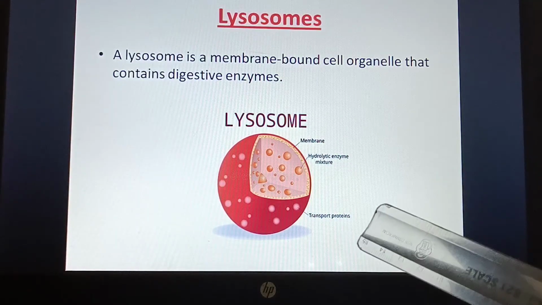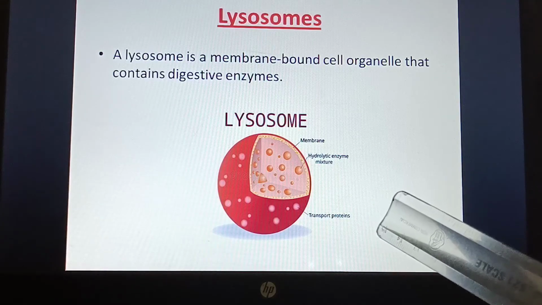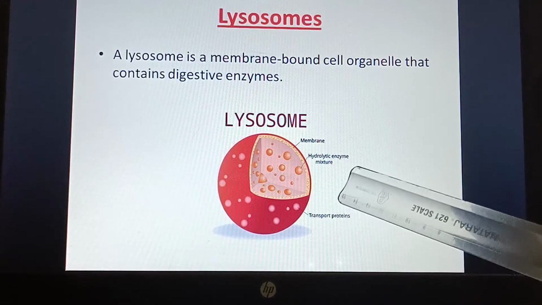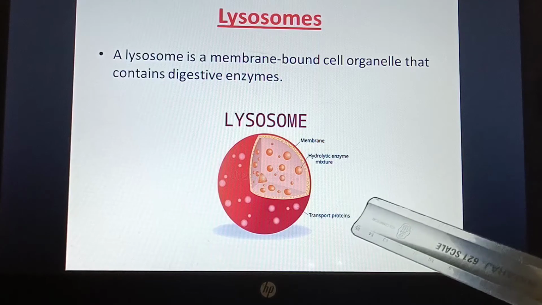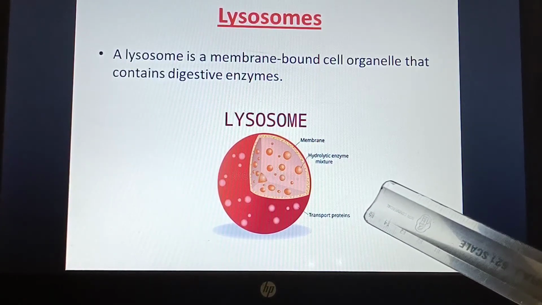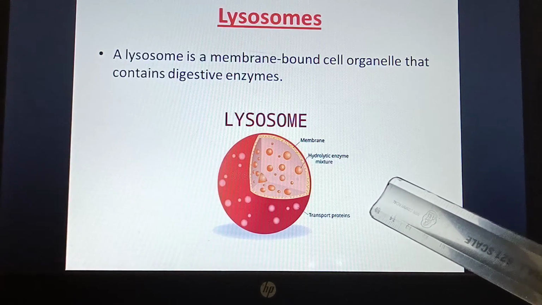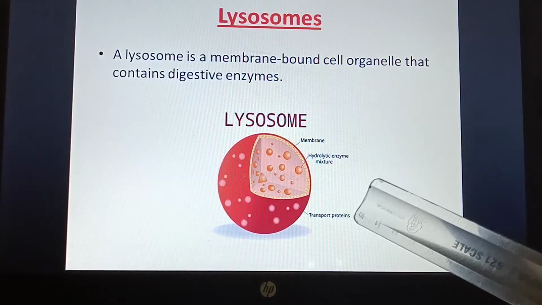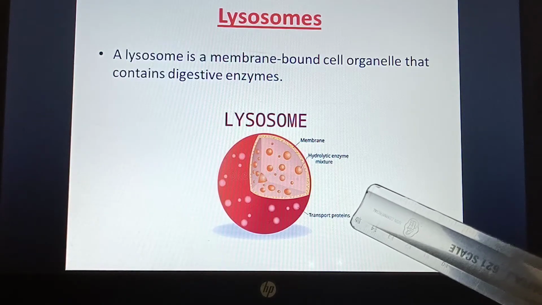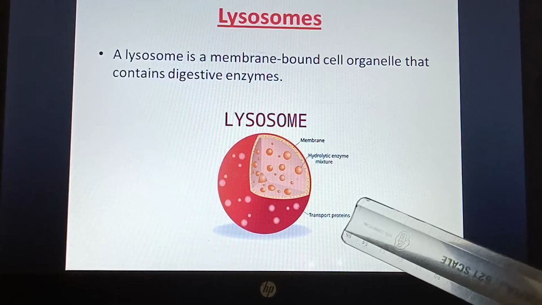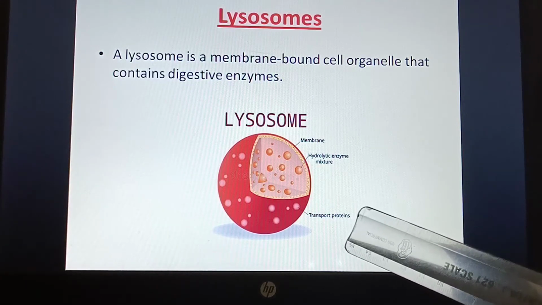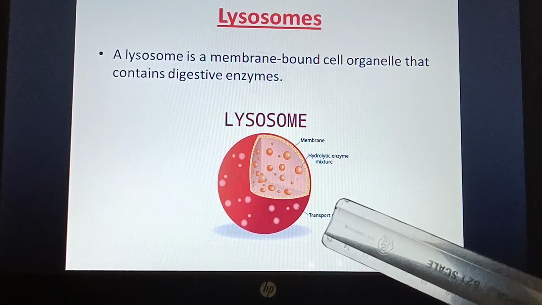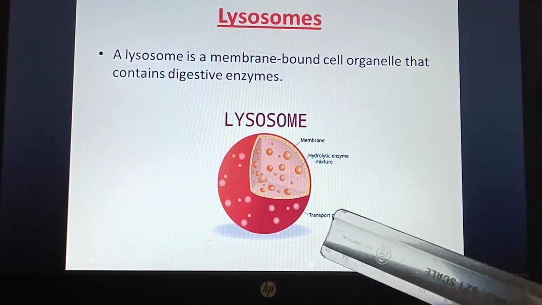Now if you see inside the lysosome, we have the hydrolytic enzymes. These hydrolytic enzymes attack and kill the foreign substances.